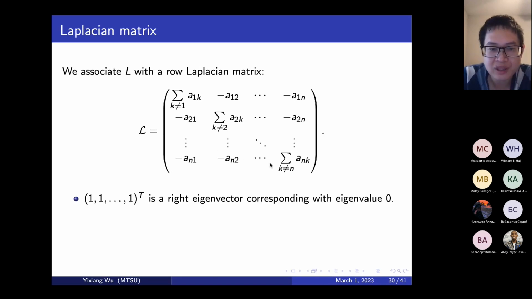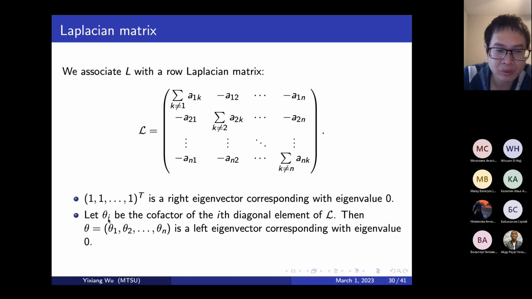Because each row sums up to 0, the vector (1, 1, ..., 1) is a right eigenvector corresponding with eigenvalue 0. And we let theta_i be the cofactor of the i-th diagonal entry of L. Then theta is a left eigenvector corresponding with eigenvalue 0.